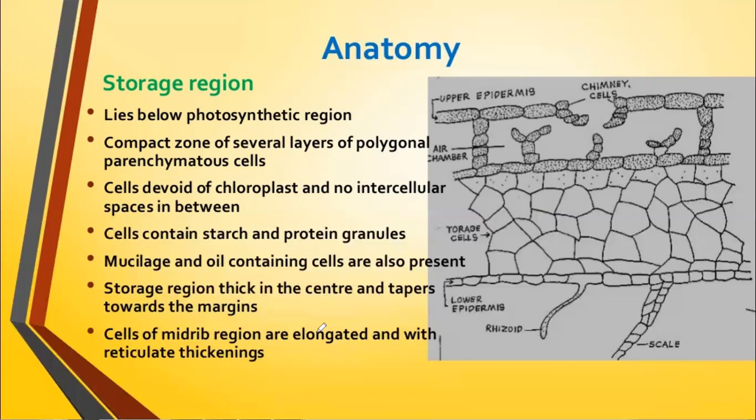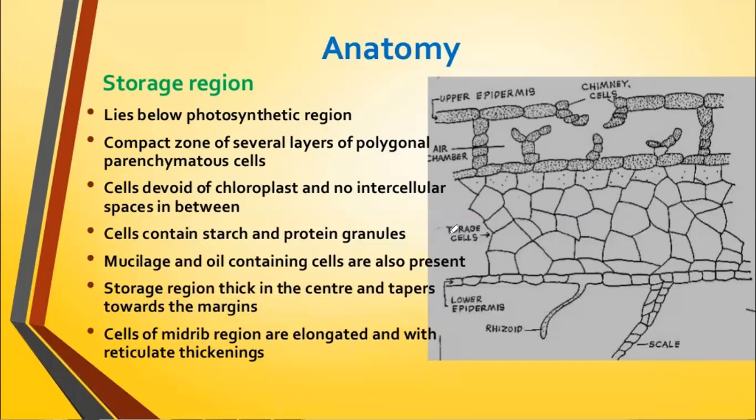Cells of the midribs are elongated and with reticulated thickenings. Okay, whereas this is found on the leafy part, that is the flat part. Whereas in the midrib, the cells are elongated and thick. Okay, this is about the internal anatomy of the Marchantia.